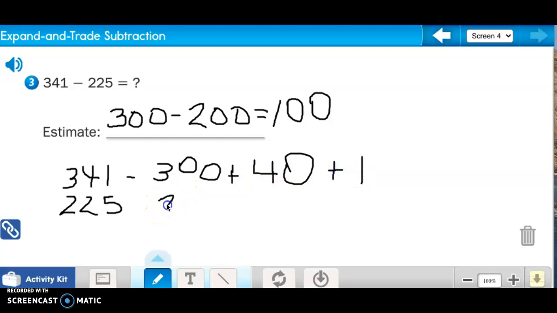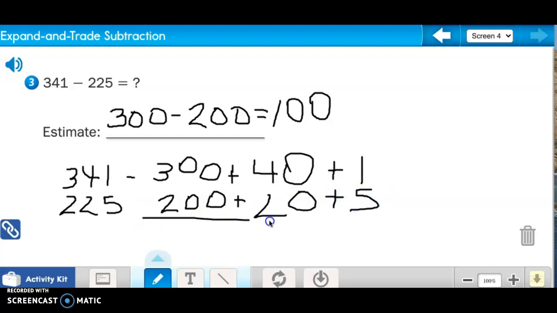And this would be 200 plus 20 plus 5. Now we're going to subtract.